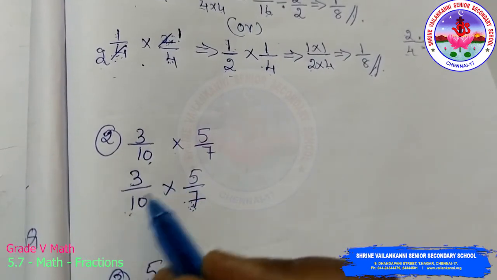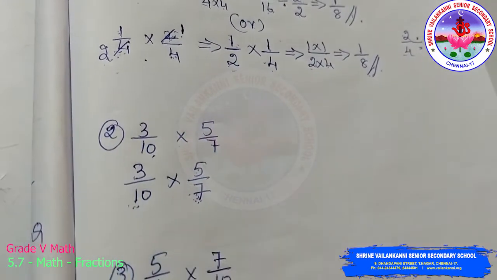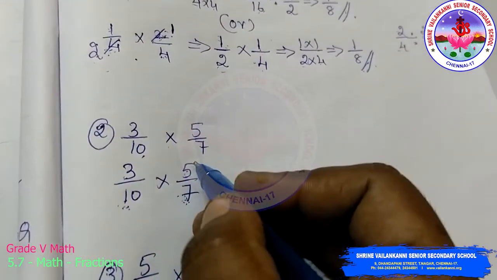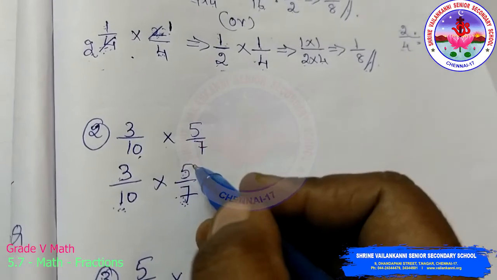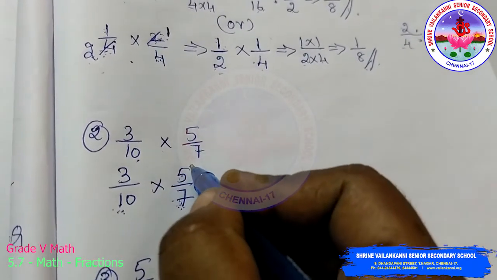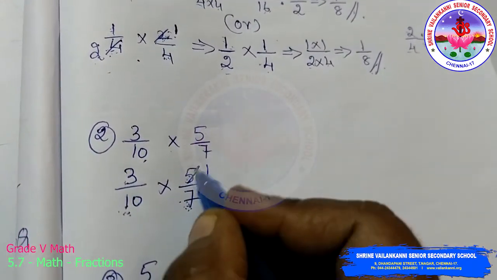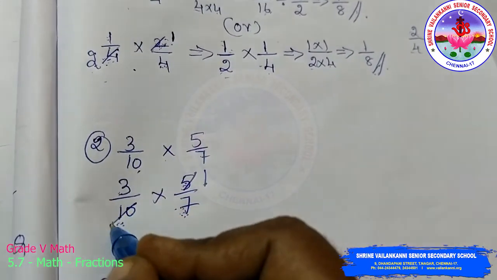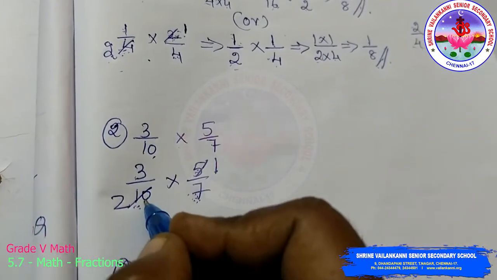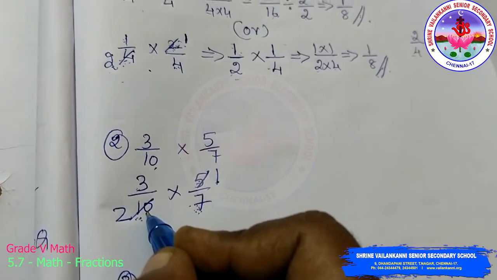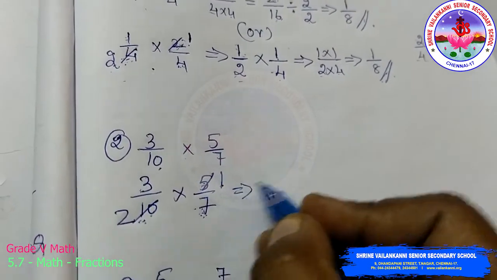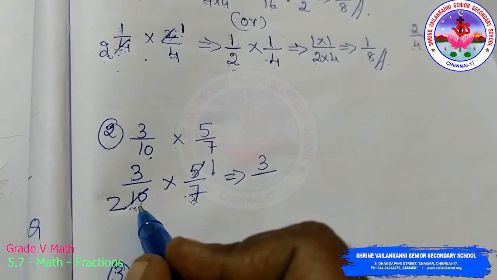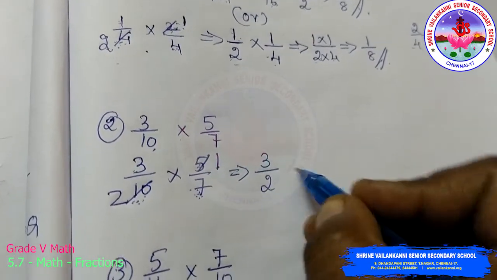5 and 10, opposite numbers. In the 5 table I will get both the values 5 and 10. So I am taking 5 as a common factor in my mind. 5 ones are 5, so 5 divided by 5 is 1. 2 times 5 is 10. So now 3 will remain in the numerator. Instead of 10 in the denominator, I should write 2.